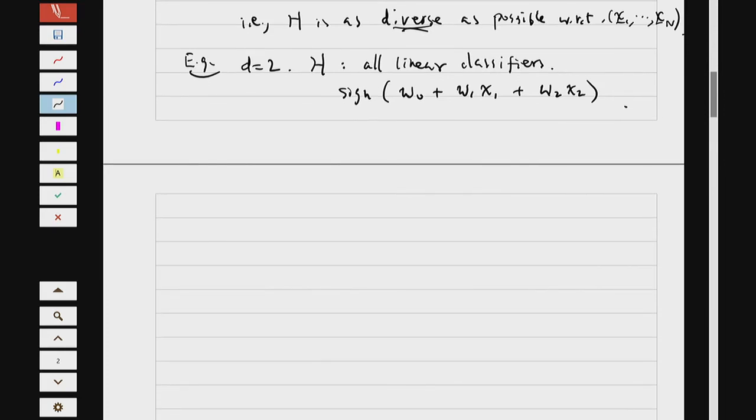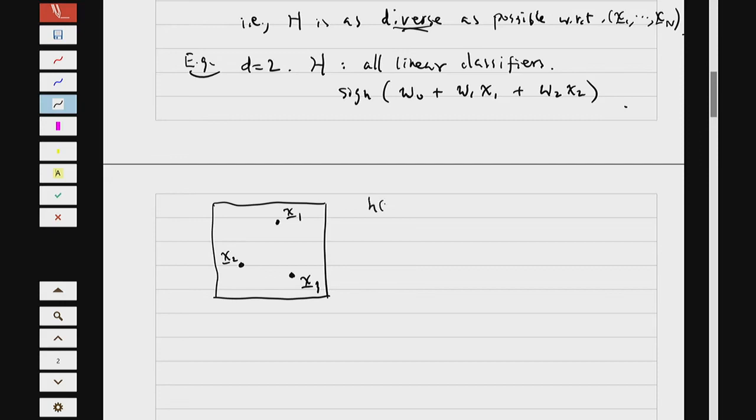So let's look at this example here. 3 points. x1 is here, x2, x3, like that. Just 3 arbitrary locations. And we ask what kind of binary vectors can we generate by the linear classifier.